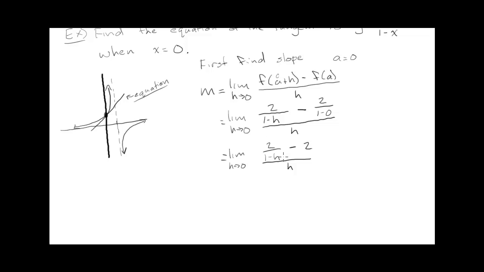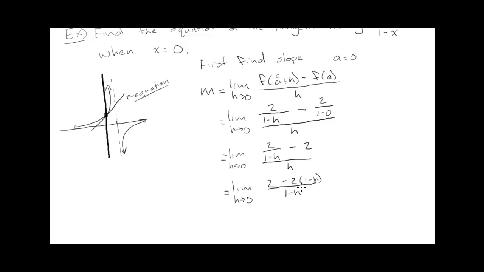When you have a rational, a common strategy is to first just try getting a common denominator on the top. So the common denominator would be 1 minus h.